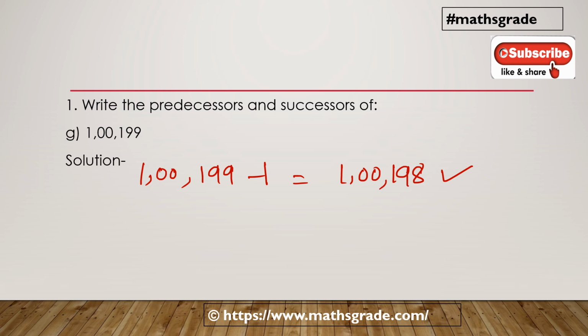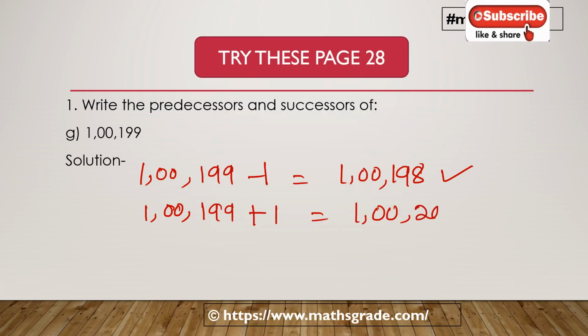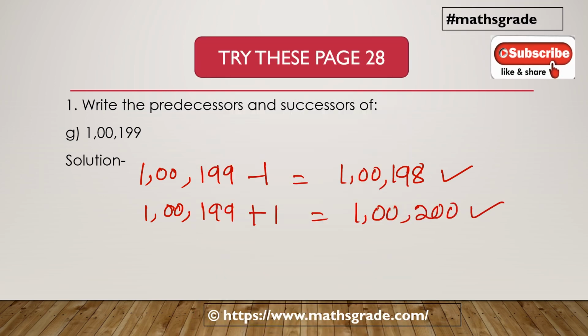And successor of 1,199 is, we have to add 1 with the number 1,199. And 1,199 plus 1 is 1,200. And 1,200 is the successor of the number 1,199. So 1,198 is the predecessor of the number 1,199, and 1,200 is the successor of the number 1,199.